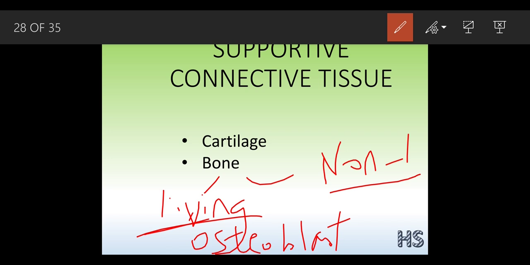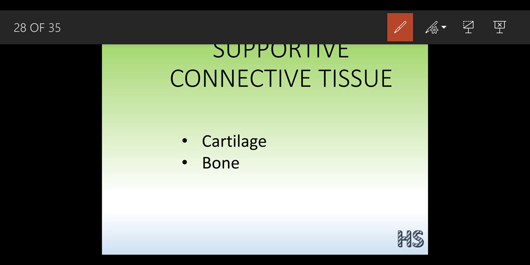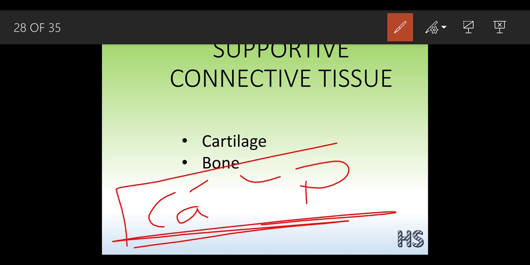The non-living matter is inorganic salts. We know that in order to make our bones strong, certain minerals are essential. Everyone would know, that is calcium, and the second one is phosphorus. The bone is made up of calcium and phosphorus, which give strength to the bone so that it becomes very rigid and hard. So bone is made up of non-living salts also.